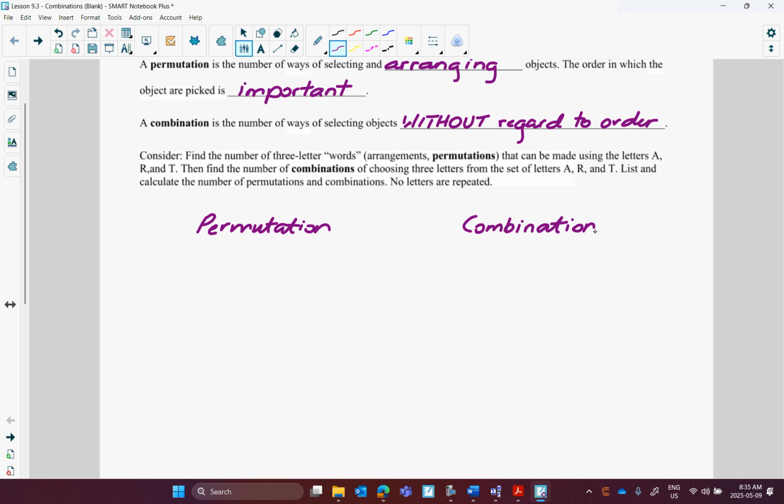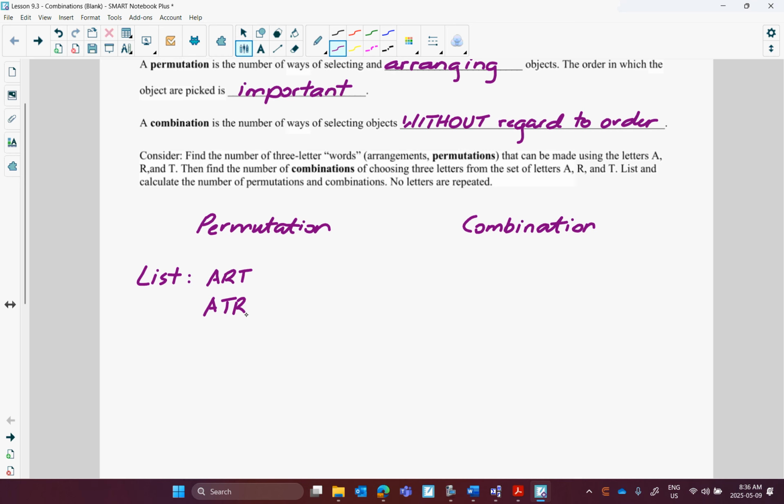So we talked about permutations. How many three-letter words can you make? Well, you can make a list and write out all the possible arrangements. For A, R, and T, if I write a three-letter word beginning with A, those are the only two words I can write.